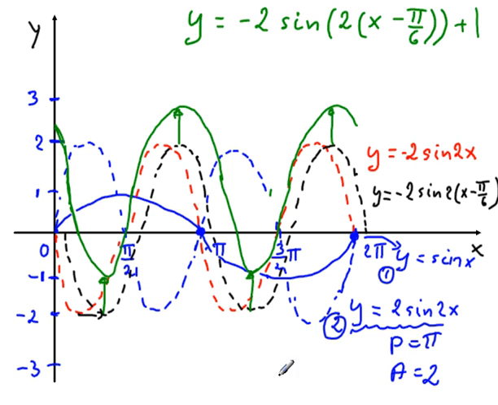So the step number 3 is just the reflection, the one in red. So the next step, since we have the graph reflected, will be the horizontal shift pi over 6 units to the right. So this is step number 4.